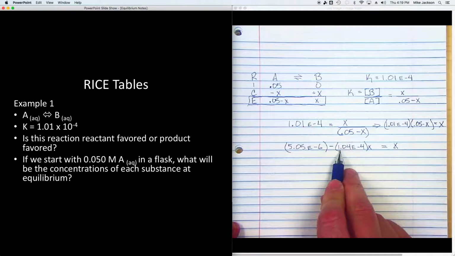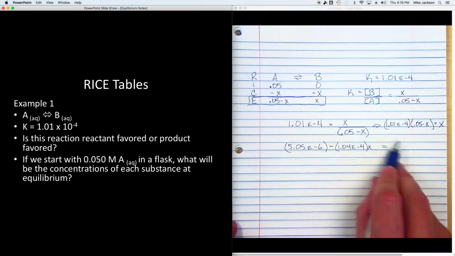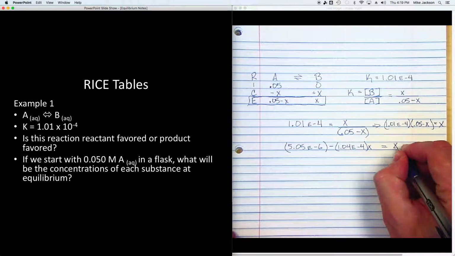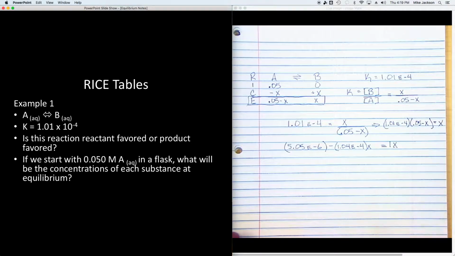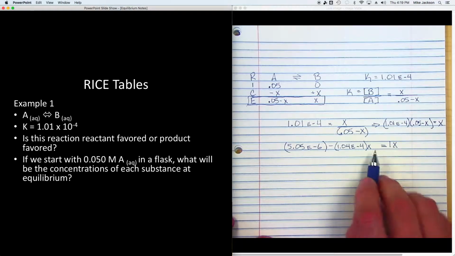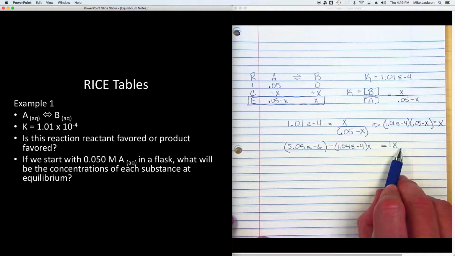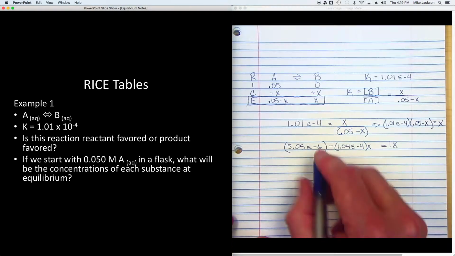So since I'm subtracting 1.01 times 10 to the minus 4 x, I can move it to this side by adding it to both sides. And remember, when I have just x here, that's really saying 1x. Kind of remember from Algebra 1. I know it's been a while, but that's okay. We're going to stretch muscles that haven't been stretched in a long time. So 1.01 times 10 to the minus 4x plus 1x.